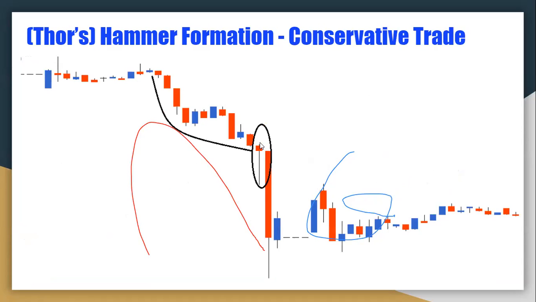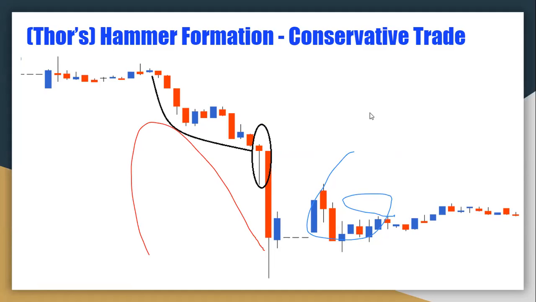In this downtrend there is a clear-cut hammer, but a risk-taking trader would have entered on the same day and his stop loss would have been hit. In this case, the conservative trader wouldn't even have traded, because to enter this position you have to enter just above the highest price of this candle.